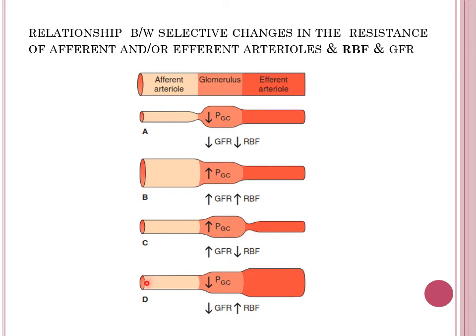Then the fourth picture shows the afferent arteriole being normal in diameter, but the efferent arteriole is dilated. There is vasodilatation of the efferent arteriole. Here it will decrease the GFR because of the decrease in hydrostatic pressure, and it will increase the renal blood flow. That means it will increase the blood flow to the peritubular capillaries and the vasa recta.